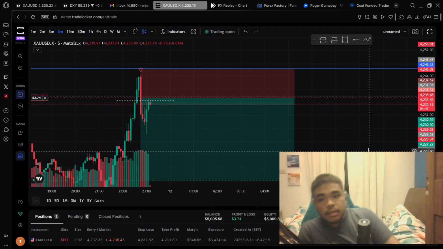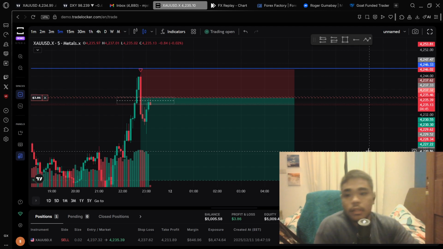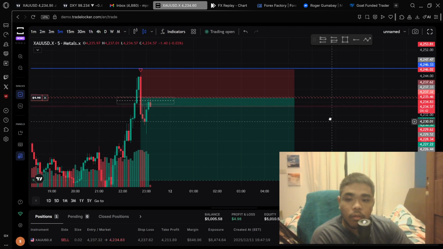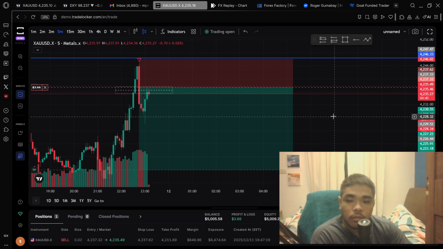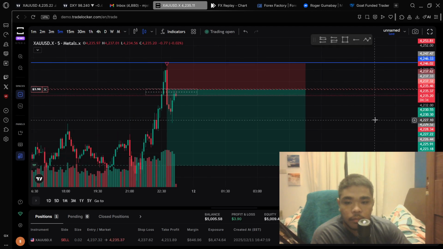No bullish imbalance right there, formed in a 5 minute at least. We can't have partials anymore considering our lot size. Let's just let the trade play out.